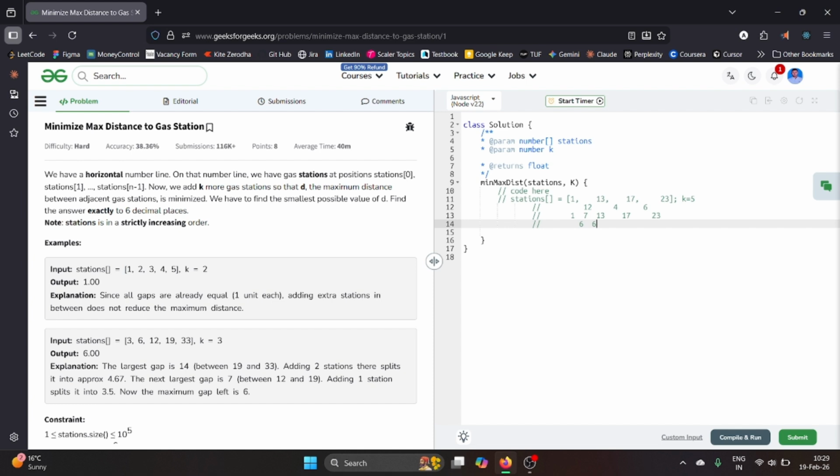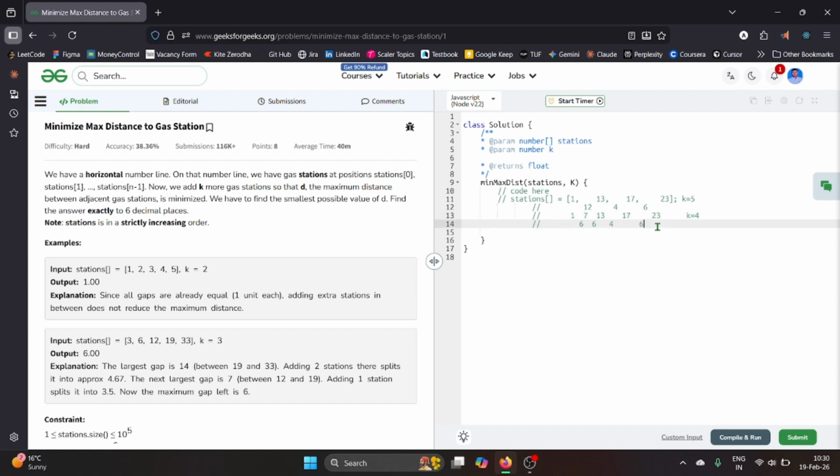We already know the gap is 4 and the next gap is 6. We have put our first gas station, and we have to put 4 more because one has been put.